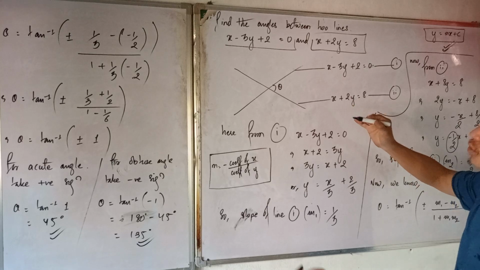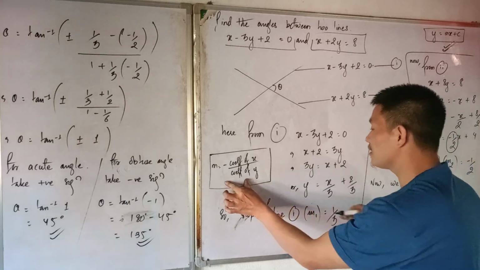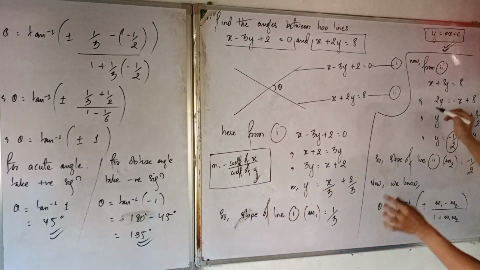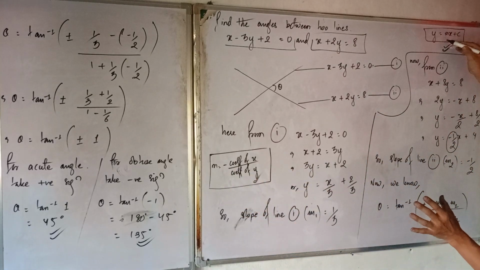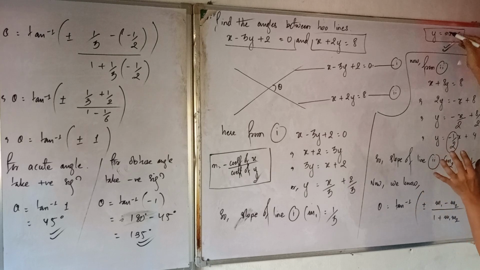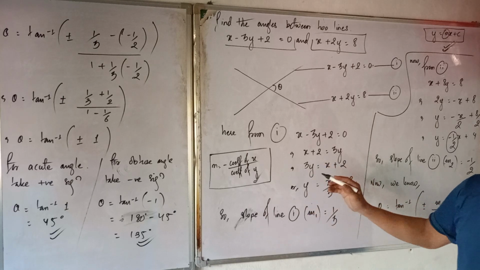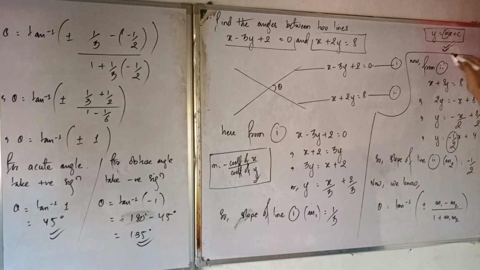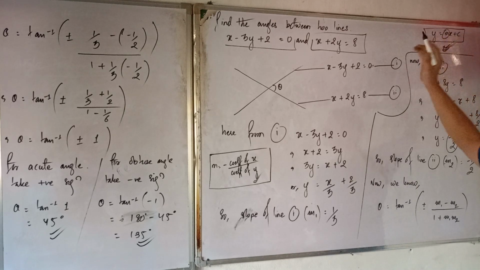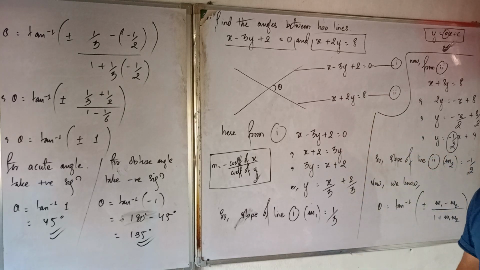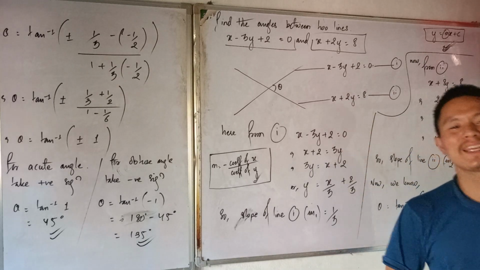You compare with that form and you will get the value m. Whatever value of m comes there will be the slope of that line. I think that is the most effective way to find the slope of any line.